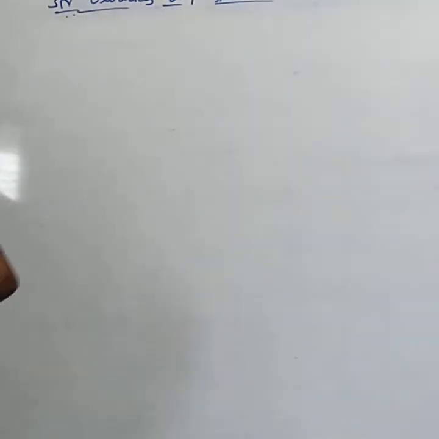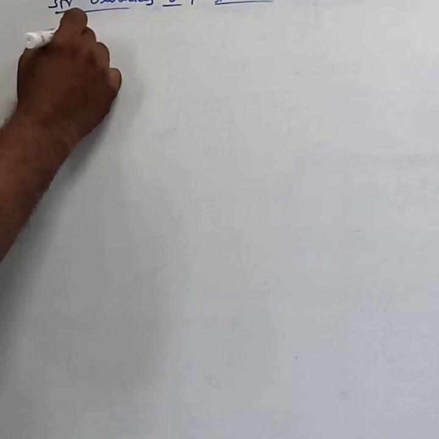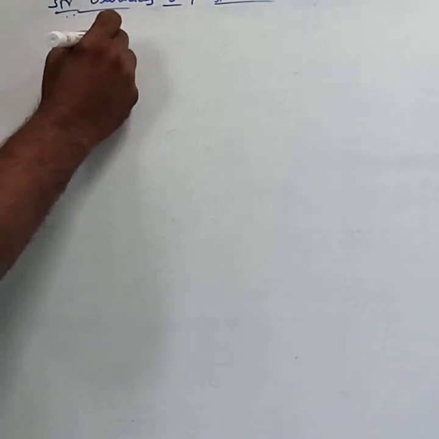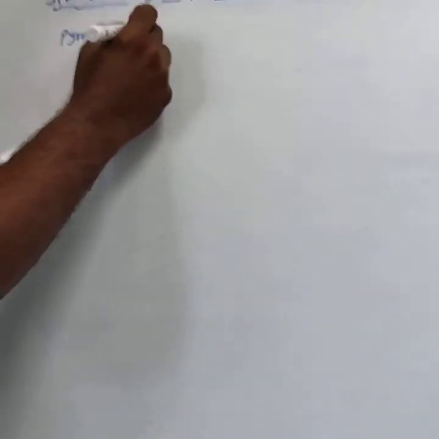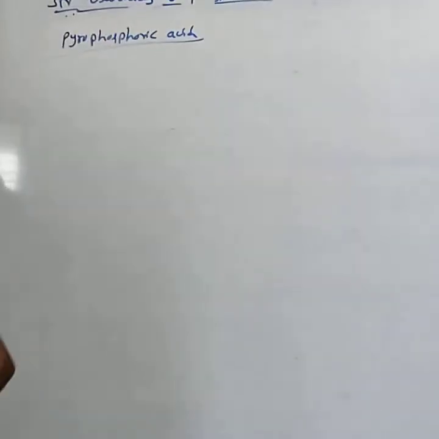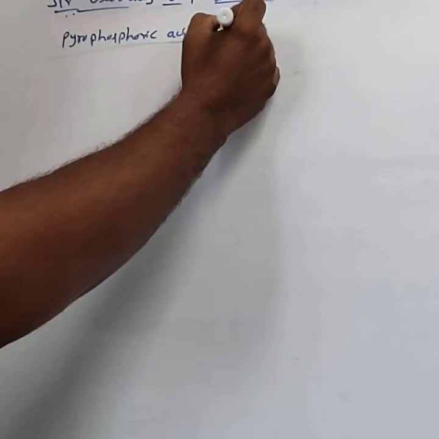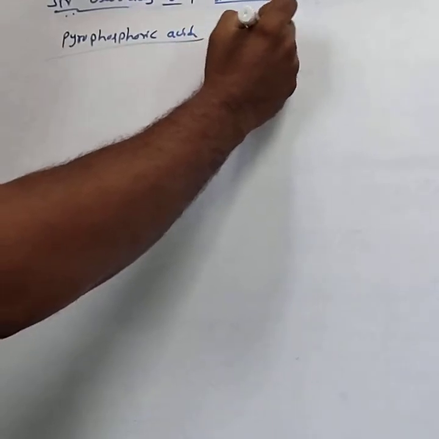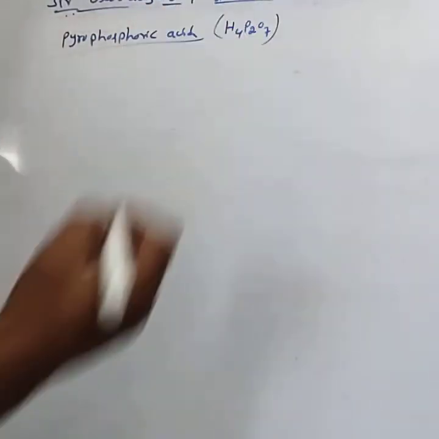Next, one more is pyrophosphoric acid. Formula is H4P2O7.